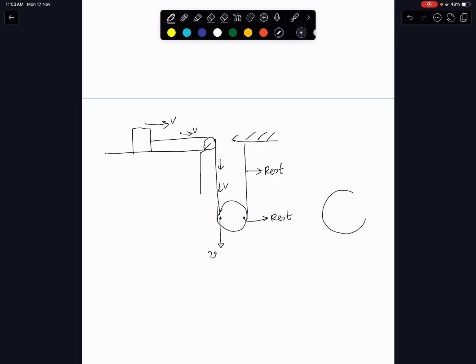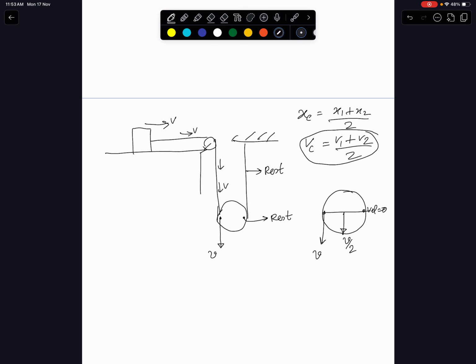So if you see the pulley, this point has velocity 0, this point has velocity v, so the midpoint will have velocity v by 2, because of the midpoint theorem: the coordinate of the center is (x1 plus x2) by 2, and so is the velocity, Vc is (v1 plus v2) by 2.